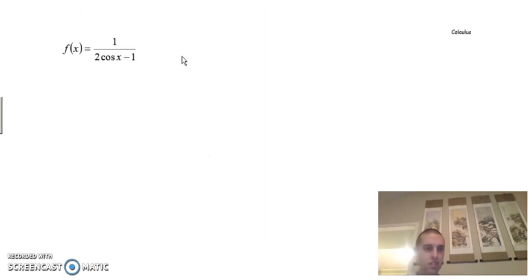And last but not least, we'll look at this one. 2 cosine x minus 1 is in the denominator, so we're going to set 2 cosine x minus 1 equal to 0. We get cosine x equals 1/2.